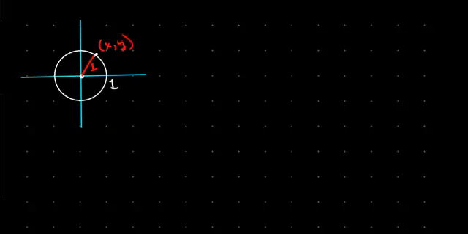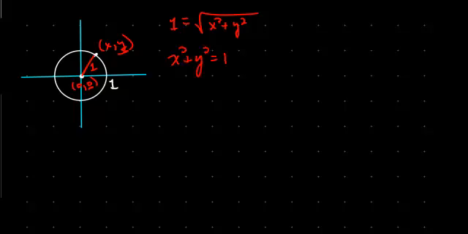Alright? And so we're going to have that the distance 1 equals the square root of x squared plus y squared. That is x minus 0 squared because I'm at the origin here. X minus 0 squared is going to be x squared. Y minus 0 squared is going to be y squared. And so we square both sides and we see that x squared plus y squared equals 1.